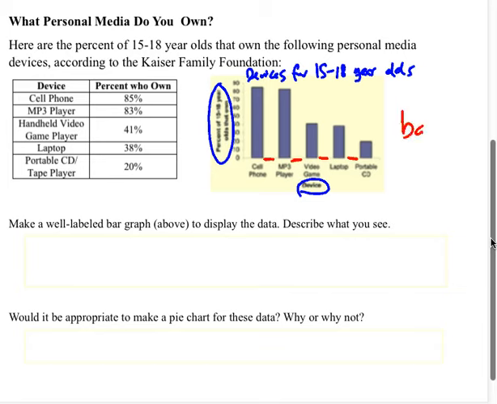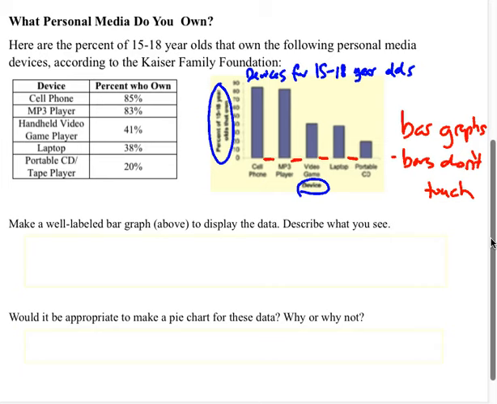So I do want you to make a note of that. In bar graphs, bars don't touch. Okay, make sure you're leaving a space there. That is very important because bar graphs are similar to a different type of graph we're going to cover for quantitative data. Okay, so just make sure you recognize that.